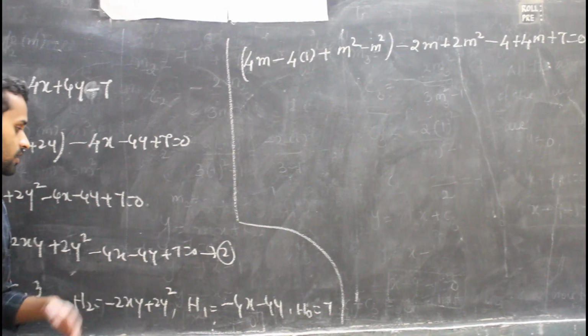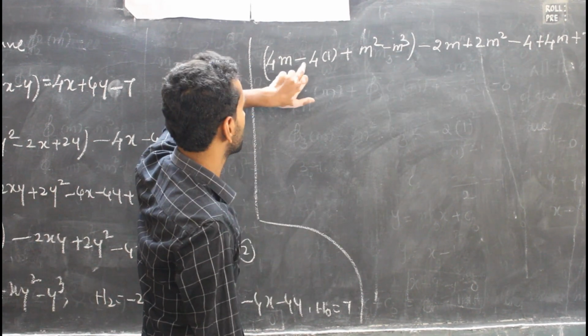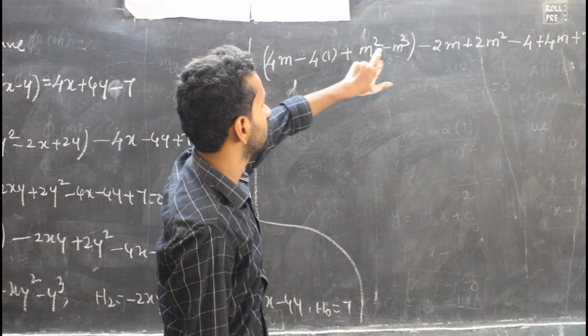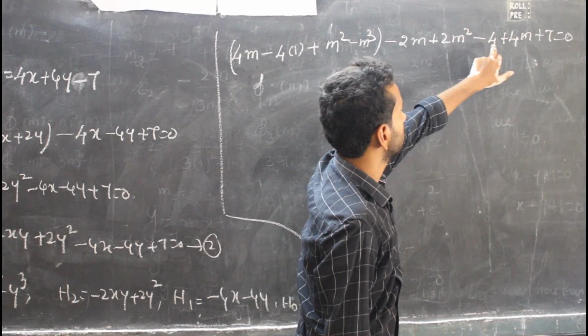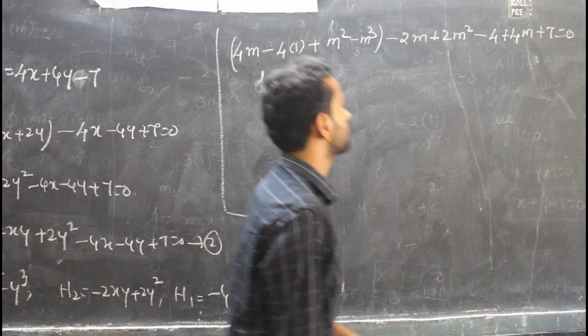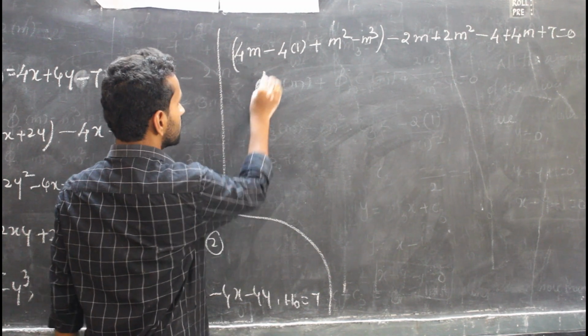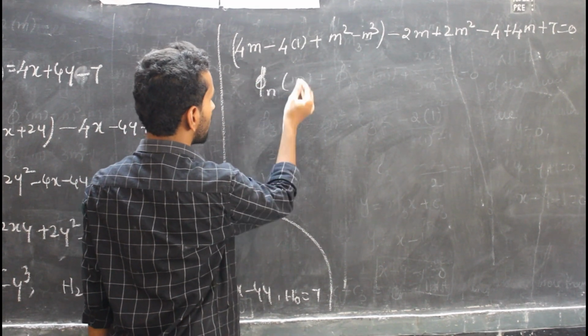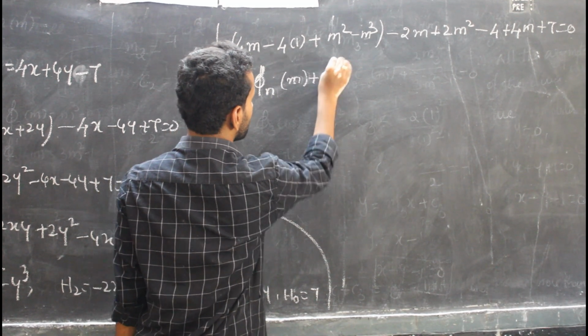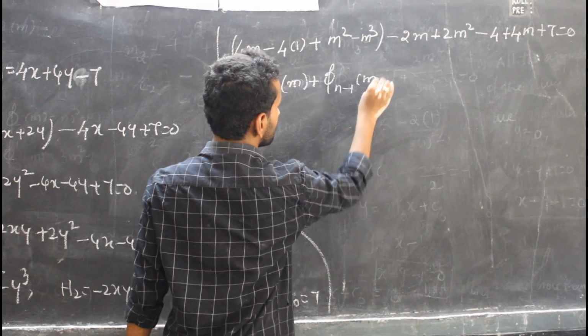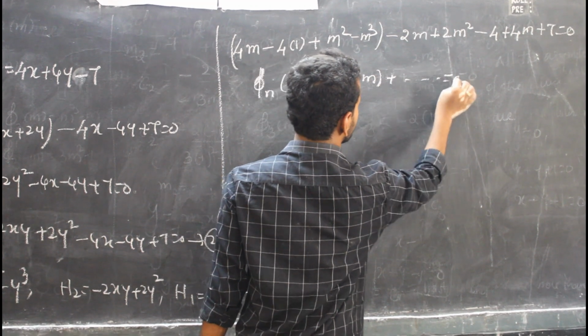You get that? So these are the things that you got. So 4m minus 4 plus m square minus m cube minus 2m plus 2m square minus 4 plus 4m plus 7 equal to 0. So here I need to compare this with the standard equation that I have, phi n of m plus phi n minus 1 of m plus dot dot dot equal to 0.